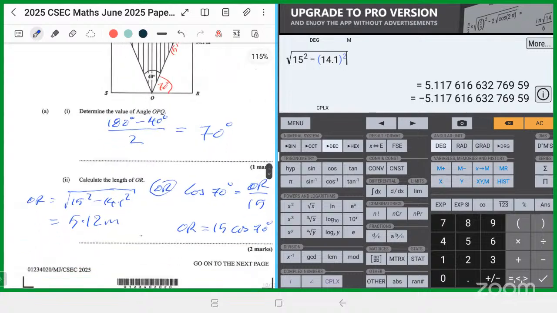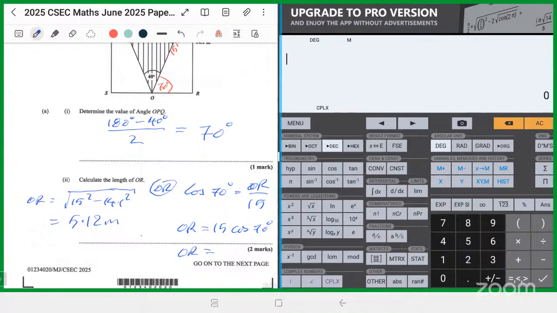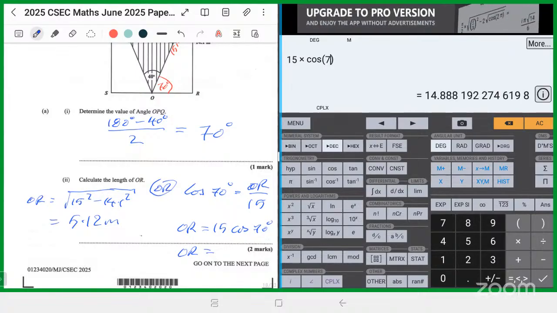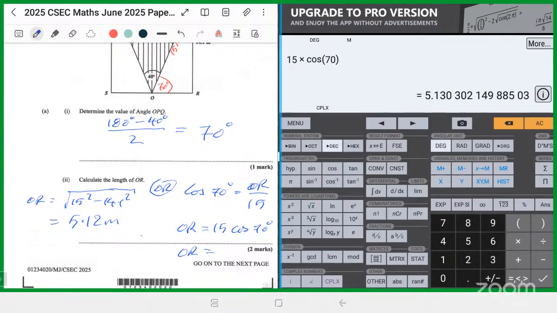Let's see if we get the same answer. It's a little bit of inconsistency. Oh, we got 5.12, now we get 5.13.